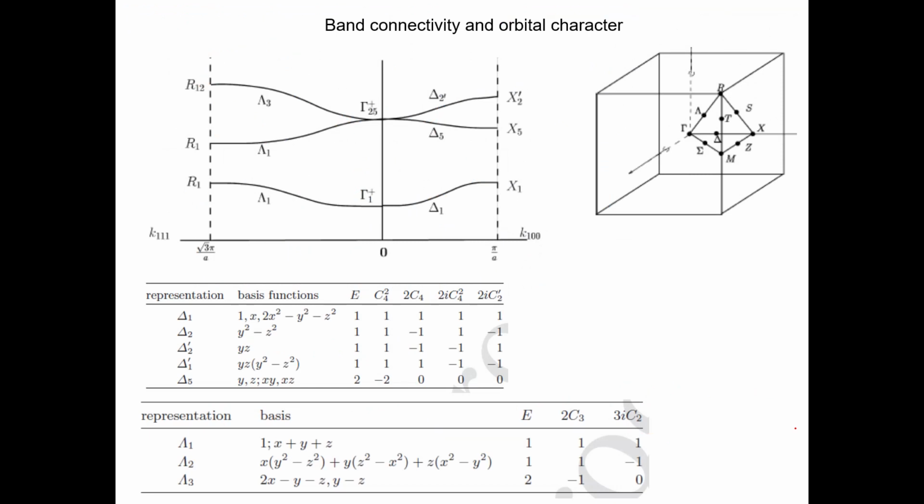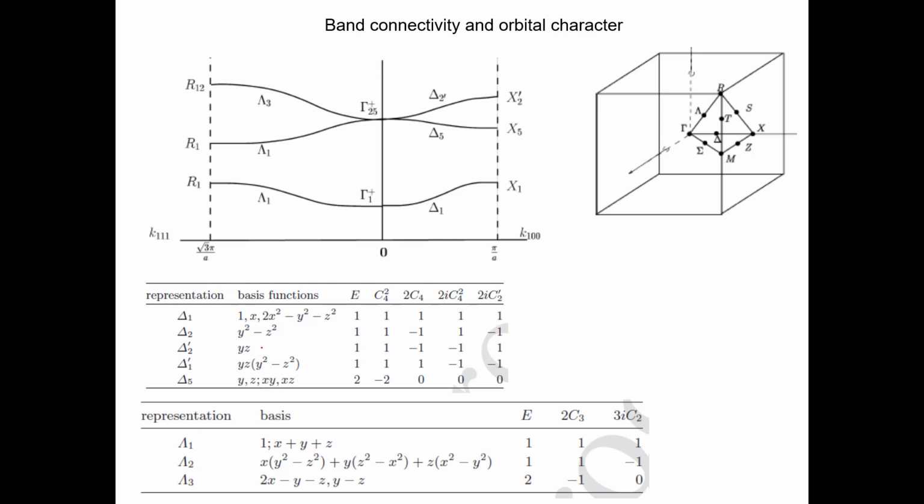So looking at the basis functions takes us back into the notion of looking at atomic orbitals, because remember, S, P, and D orbitals have their correspondence to different basis functions.